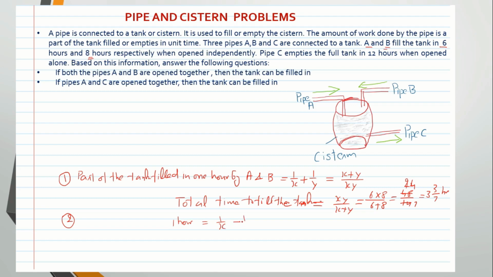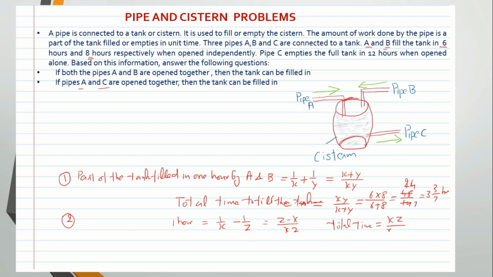He is talking about A and C. If you simplify it, you get xz upon z minus x. So the total time taken to fill the tank is xz upon z minus x.